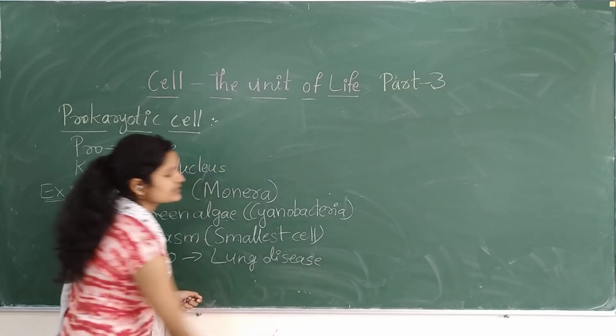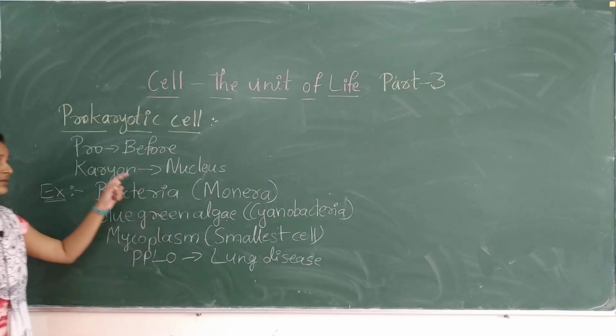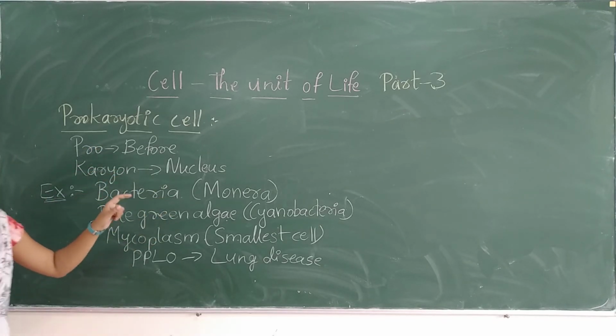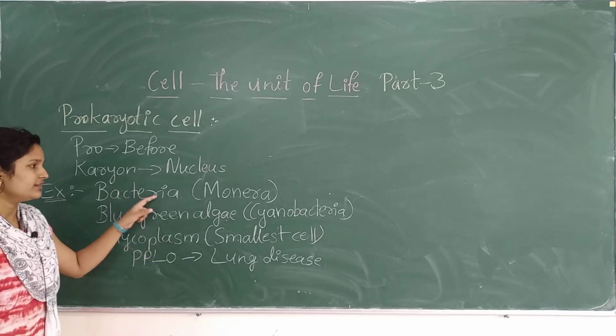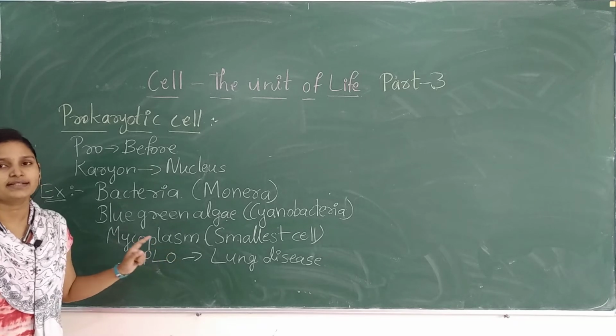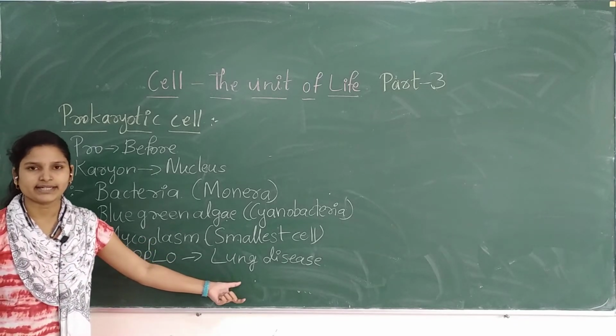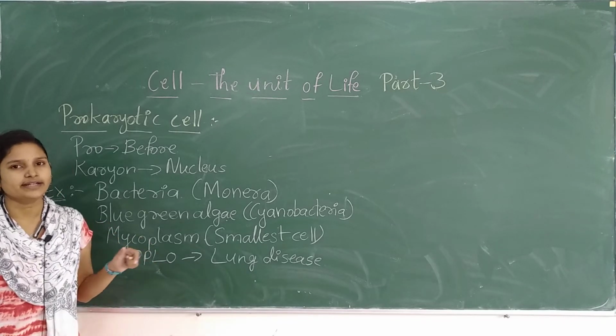So prokaryotes are the organisms in which the nucleus is absent, and the examples are bacteria, blue green algae, mycoplasma and PPLO, which causes a lung disorder.